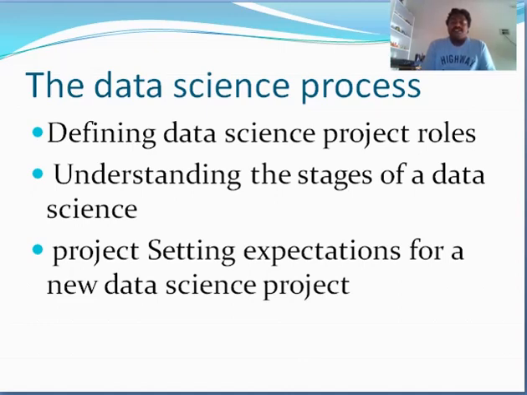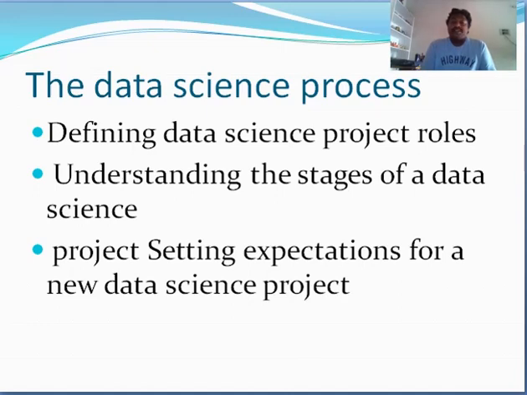Here we discuss the data science process having three topics: defining data science project roles, understanding the stages of a data science project, and setting expectations for a new data science project. Up to now, we discussed defining data science project roles.